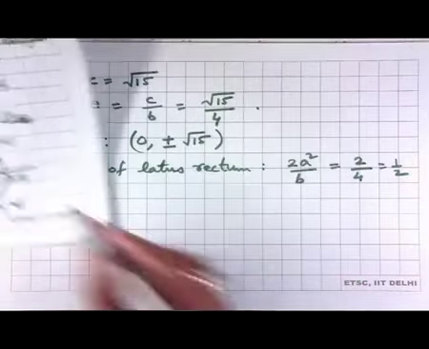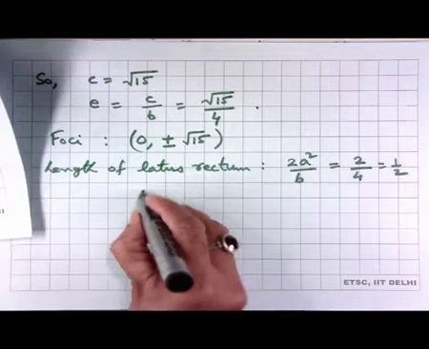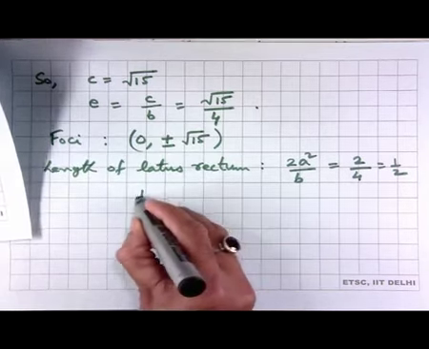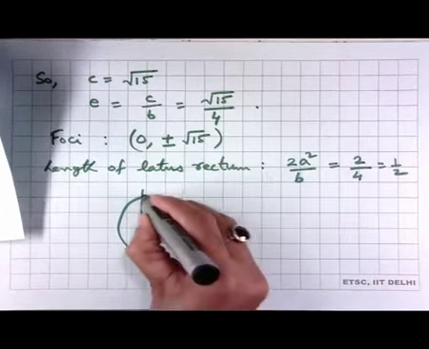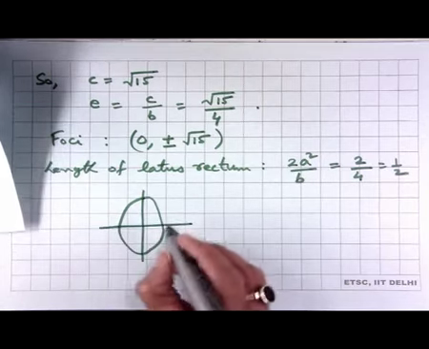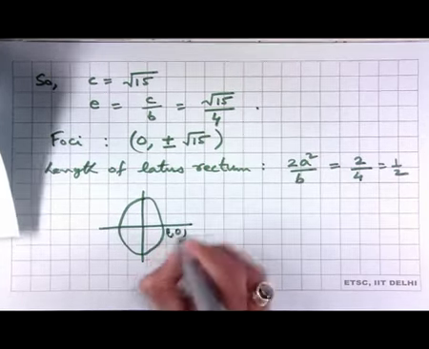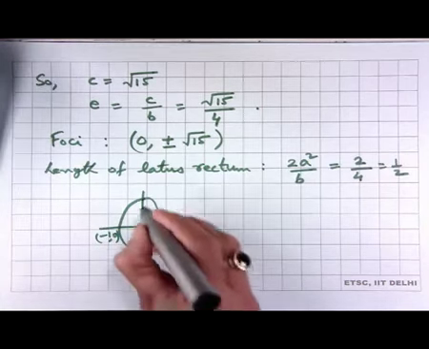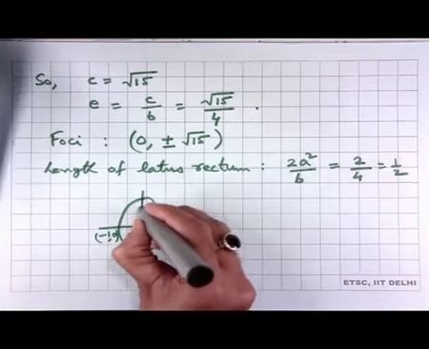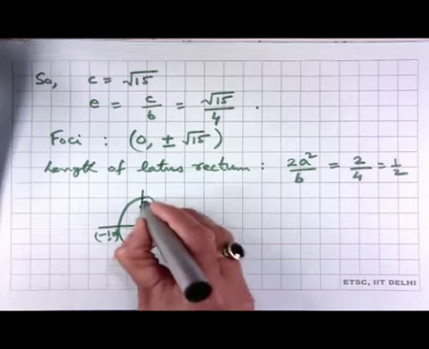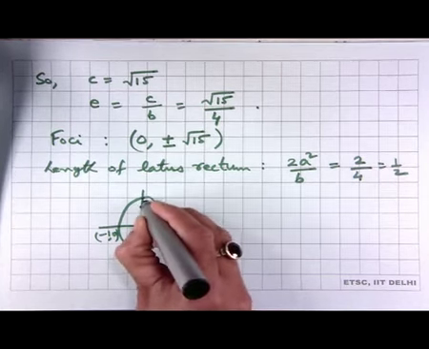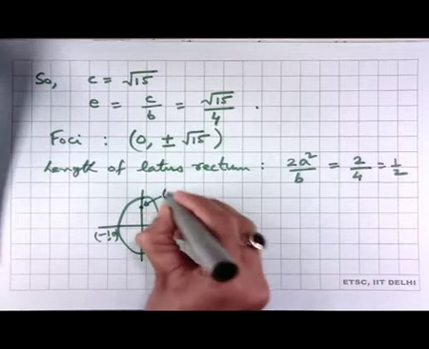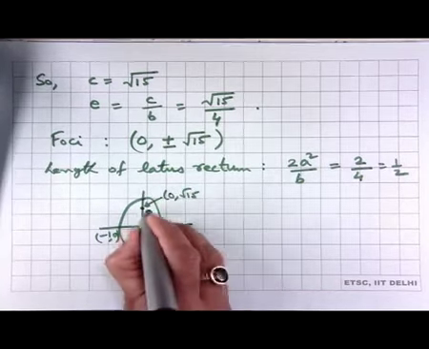This you can directly also calculate here. We have this ellipse. The focus is this point, 0 comma root 15.